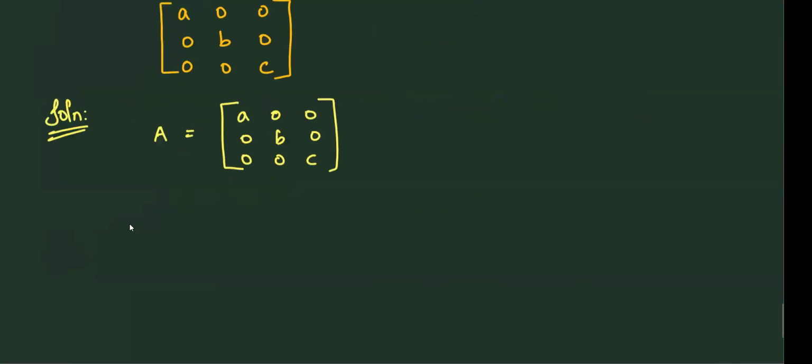Let us find the minors. A is replaced by BC. 0 is replaced by 0. You remove the row and column, you have 0 into C minus 0 into 0. This 0 is replaced by the determinant of 0 B 0 0, so again 0.